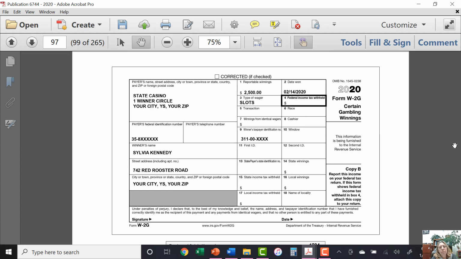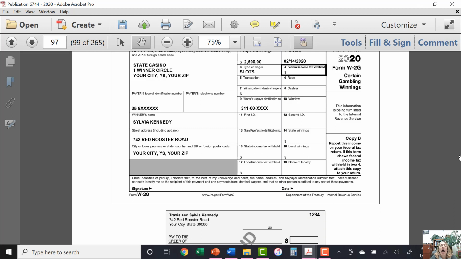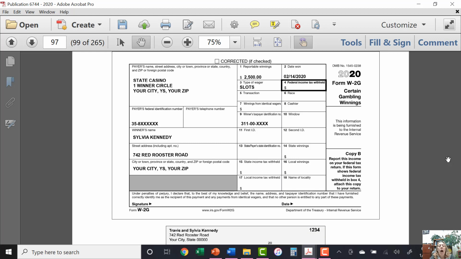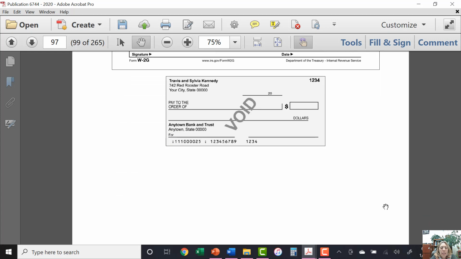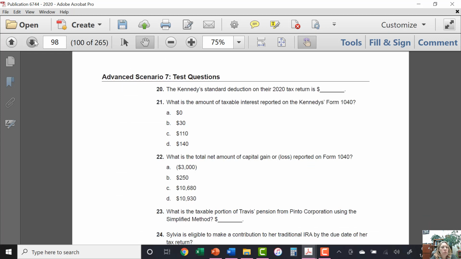If they're reportable from the casino or wherever it was, they're going to get a W-2G. Oh, I'm sorry. So unemployment compensation is on a 1099G. Gambling winnings are on a W-2G. My bad.